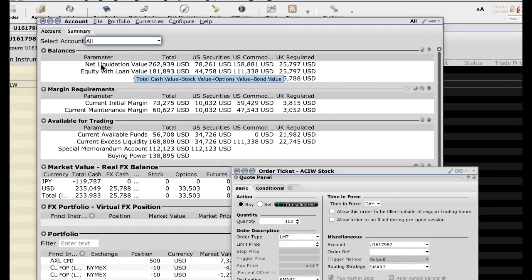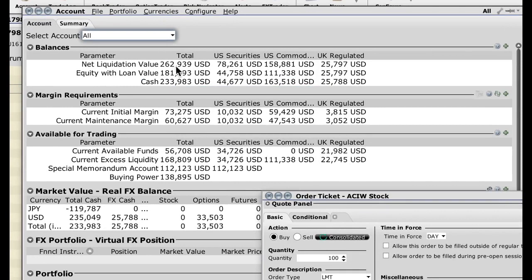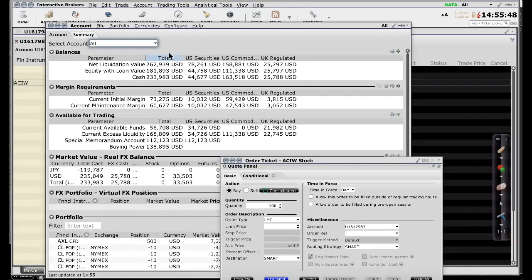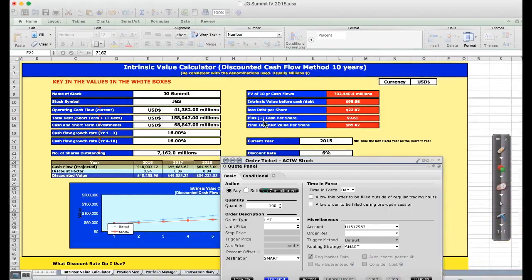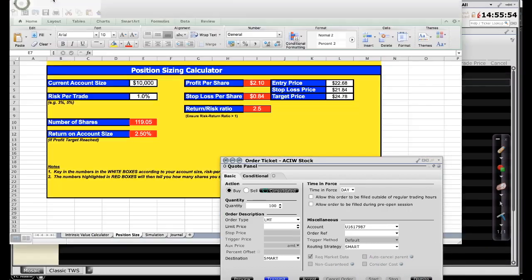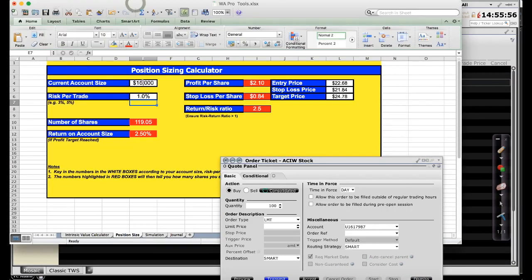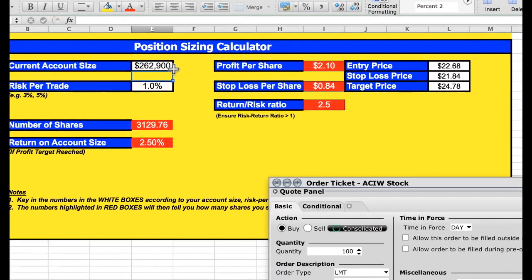So for example, in this account, I've got $262,939, right? So I'm going to round it off to 262,900, right? So in that case, 262,900. Okay. So if that's my total capital, I'm risking 1%.